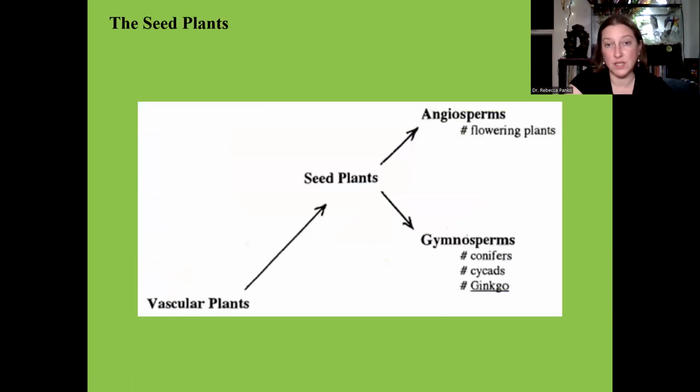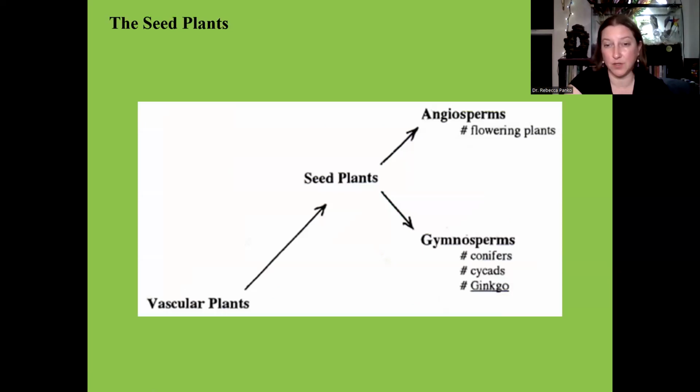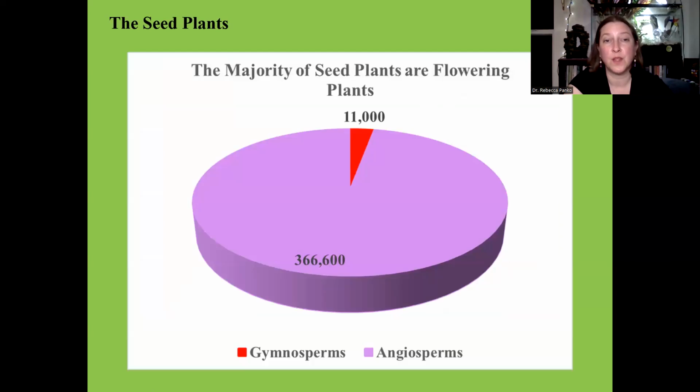For the rest of this course, we're going to talk about all of the different types of seed plants, so angiosperms and gymnosperms. We will start with the gymnosperms, which are not as abundant as the angiosperms.